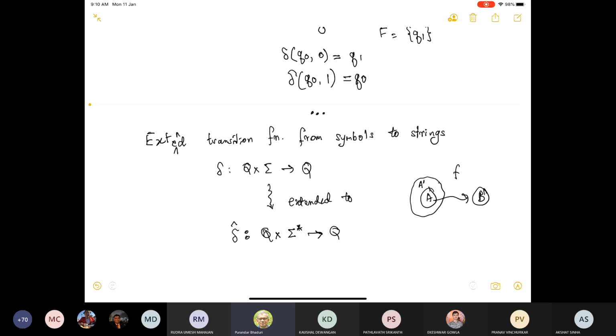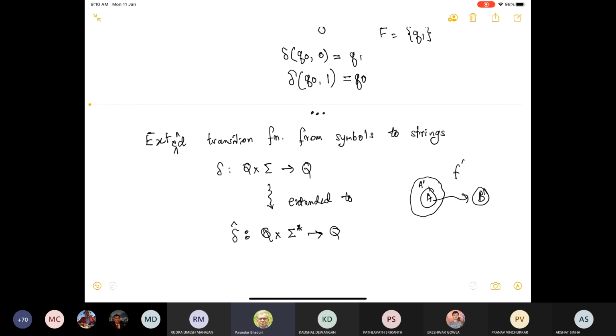And we say that the new function that we define, say f dash, is an extension of f if it agrees with f on the elements of the domain A. So inside A, it is identical to f. And in addition, it assigns values to the elements of A dash which are outside A. So that's what we mean by extending a function. So it is really extending the domain of the function, right?